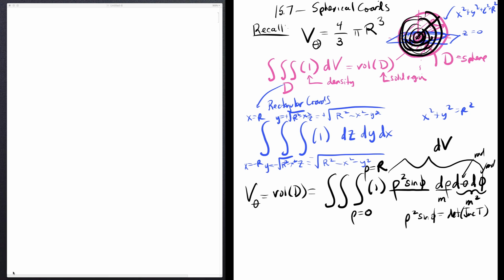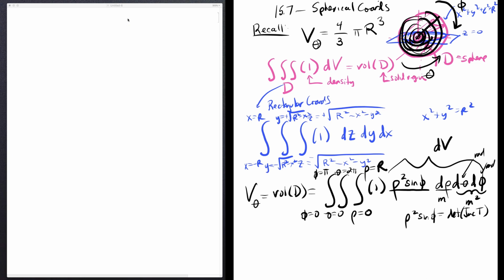Now, remembering that theta is the angle measured in the xy plane, theta goes from 0 to 2 pi. And then phi was the angle measured down from the z-axis, and phi went from only 0 to pi. So that describes the whole region here.